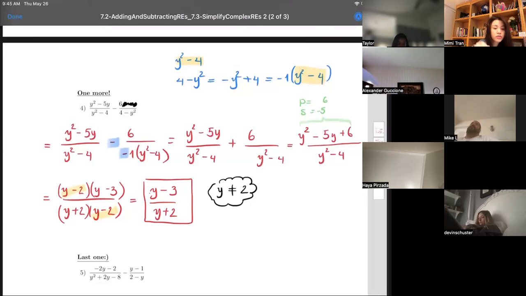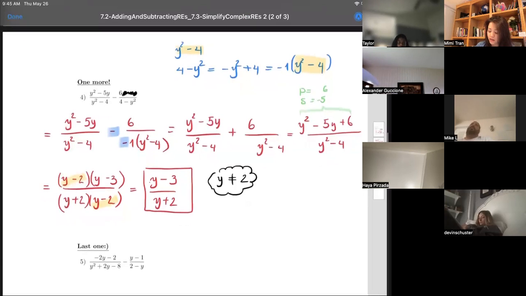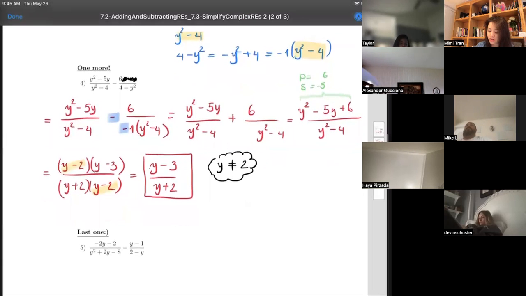When you simplify something top and bottom, make sure you say that the domain cannot be something that makes the bottom equal to 0. But this is a lower level, so I'm not going to pay much attention to it. But if you can do it, good for you. It's a good habit.